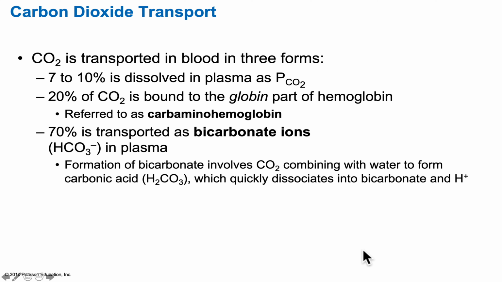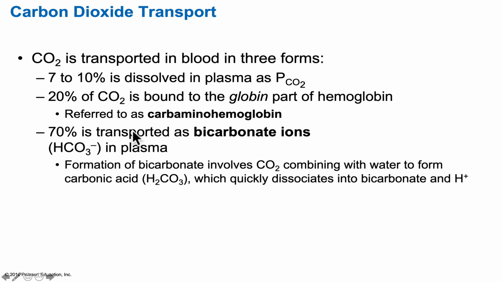Either dissolved in plasma, which accounts for about 7 to 10%, or chemically bound to hemoglobin, and again we call this carbaminohemoglobin, and this accounts for about 20%. And lastly, as bicarbonate ions, which accounts for about 70%.